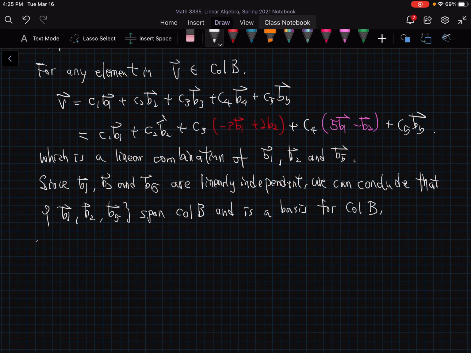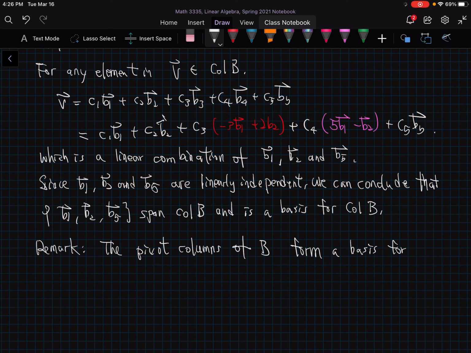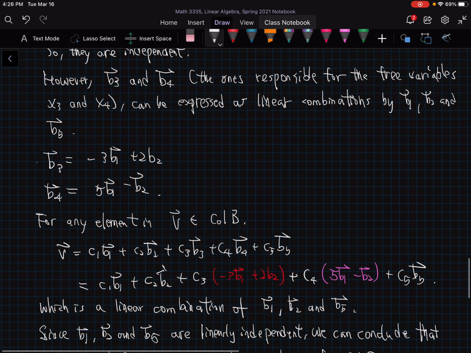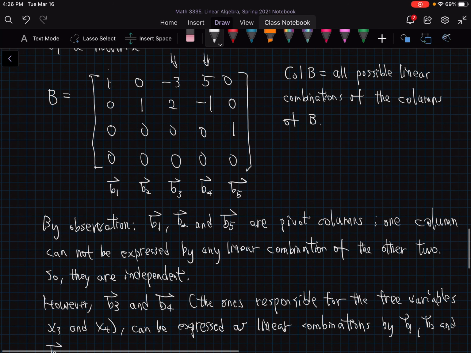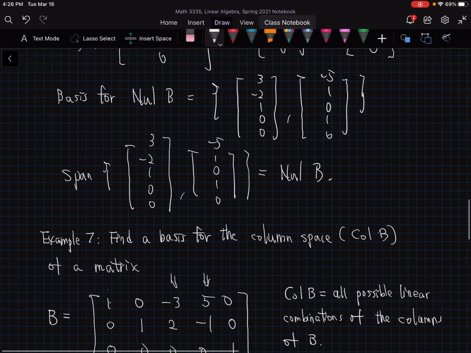Okay, so there's a remark here. The pivot columns of B, as you can see, B1, B2, and B5, form a basis for the column space of B. In addition to that, we look at the null space.